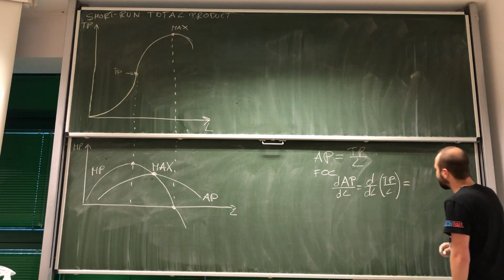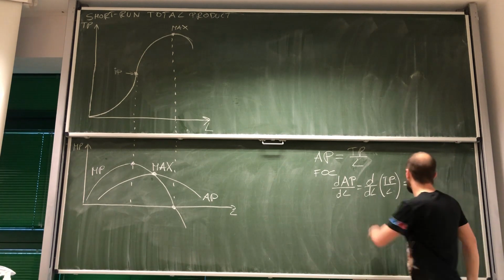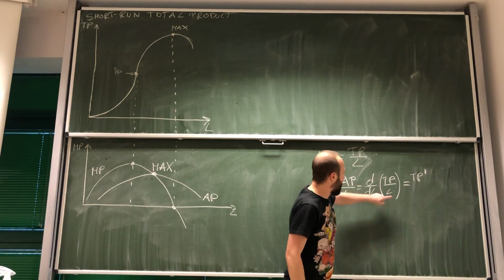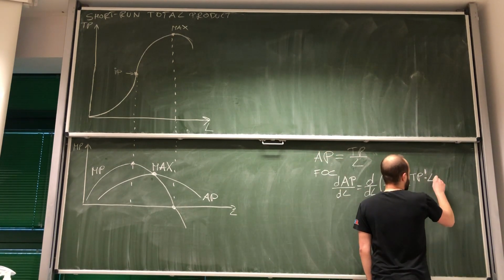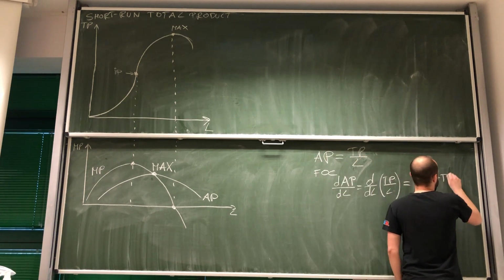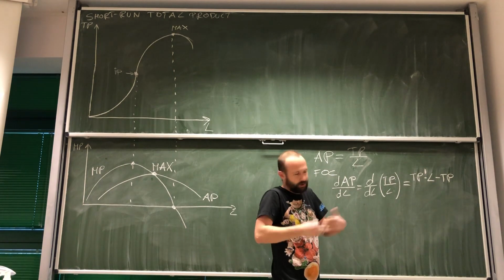Okay. So we've got that this is the first derivative of total product. I'm going to denote it as Tp prime to make it easier, times L minus Tp times the derivative of L with respect to L, which is simply 1.